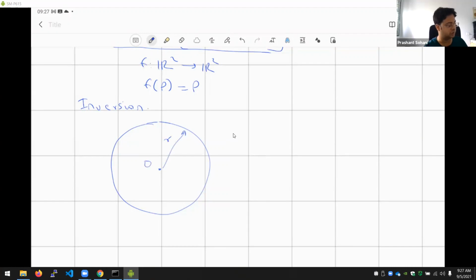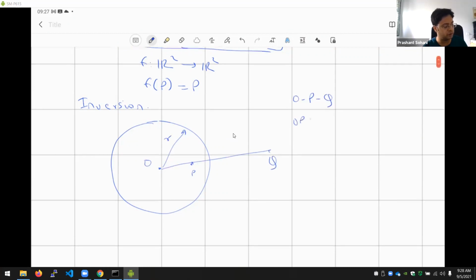So you have some circle with some known radius r. Then the inversion, what it does is, suppose you have two points P and Q which are collinear with the center O, such that OP into OQ is equal to r square, where r is the radius of the circle.